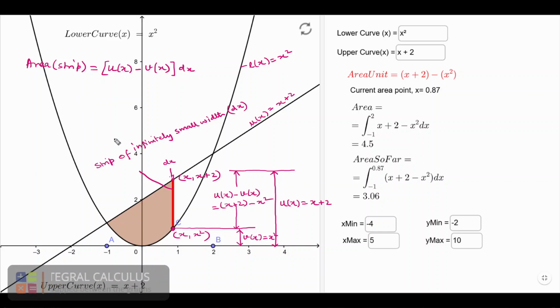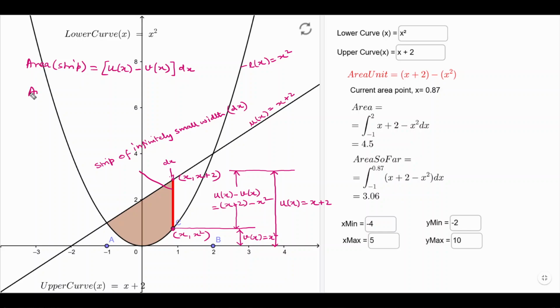Now, in order to find the shaded area, we need to add the areas of these tiny, tiny strips all the way from -1 to +2. So in order to do that, we need to integrate. Integration means to combine, to add, to join. All of these are the meanings of integration, to sum basically.